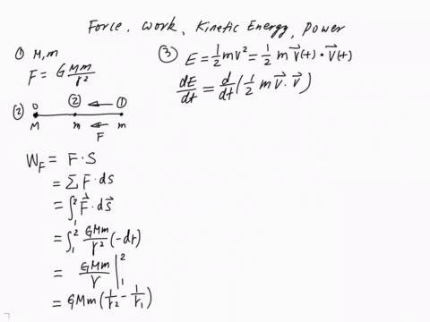The derivative of a product of two vectors: you keep one vector unchanged and take the derivative of the other, and vice versa, and add them together. When you do that, it equals m dv/dt dot v.